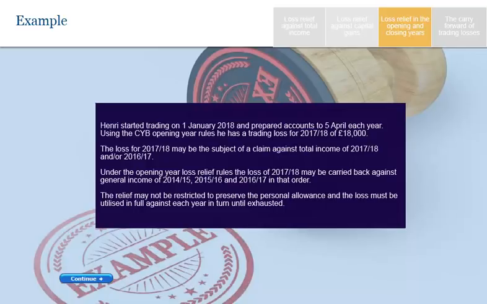And then there are the opening year loss relief rules, which allow this loss of one of the first 4 years of trading, which happens to be 17-18, to be carried back against, again, income of 14-15, 15-16 and 16-17 in that order without any restriction to the amount.